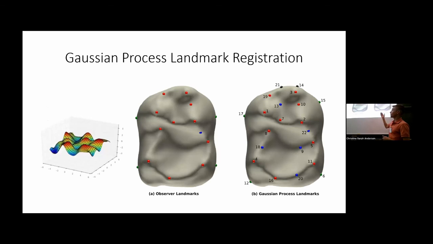And so what that allows us to do, if we apply that process to picking candidate points on a surface, is really interesting. So these are just 16 observer-placed landmarks on a tooth. They represent classically recognized features and points. And then on this tooth here, the numbers represent the sequence of points picked by Gaussian process landmarking.